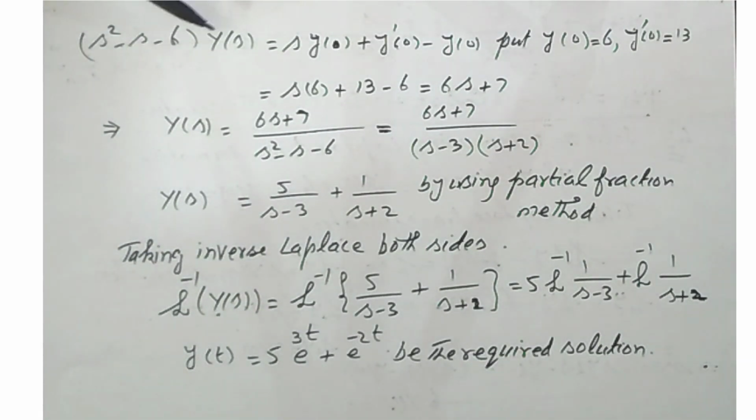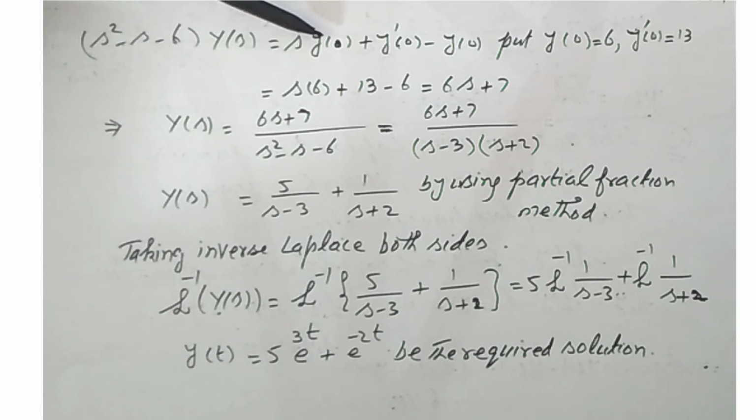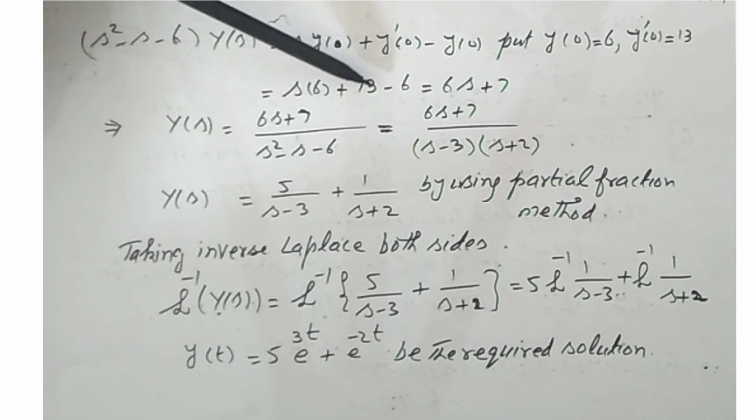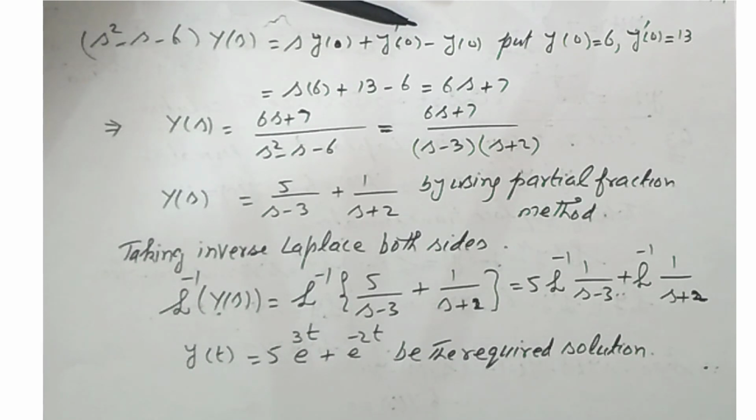Now taking Y of s as common, this becomes s square minus s minus 6 times Y of s, equal to s y0 plus y dash 0 minus y0. Now put y0 equal to 6 and y dash 0 equal to 13. In place of y0 we put 6, in place of y dash 0 we put 13, and in place of y0 we have 6.